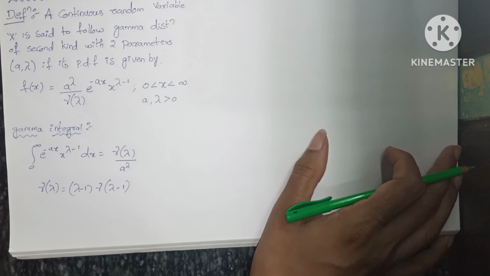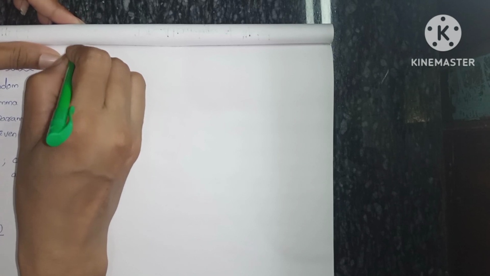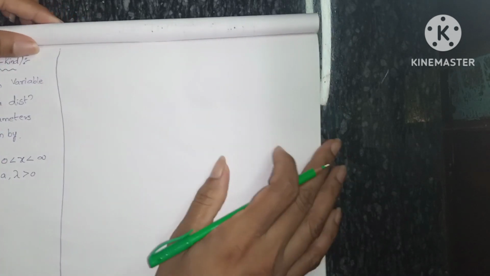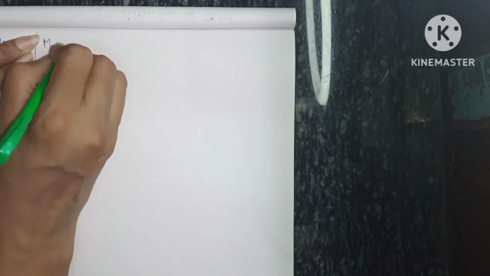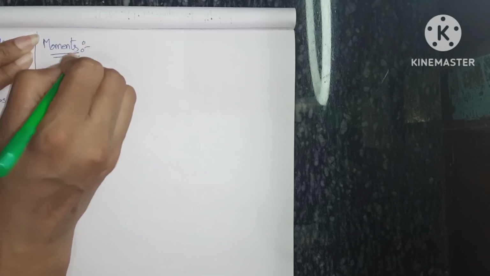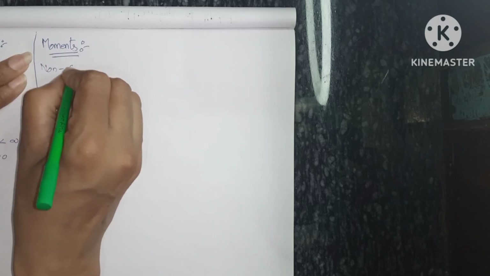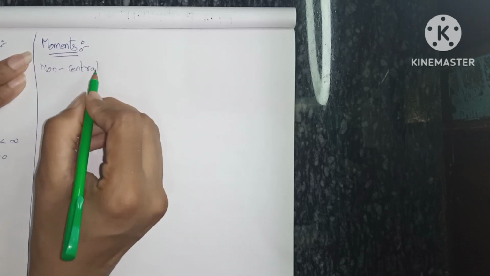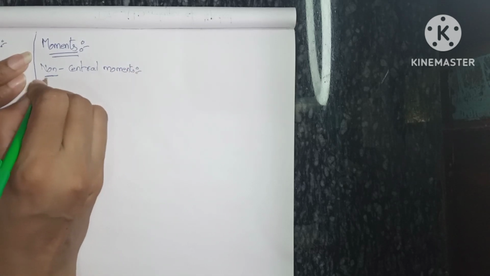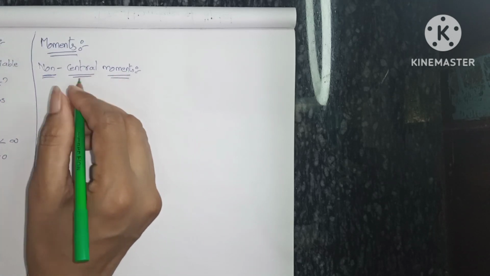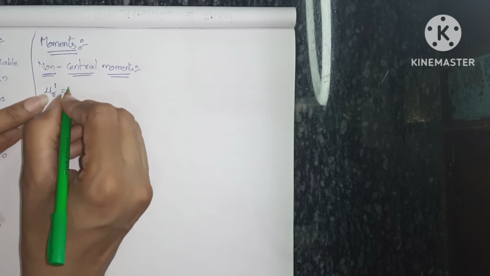Now let us see the moments of gamma distribution of the second kind. First is the non-central moments. mu r dash equals, what is the formula for mu r dash?